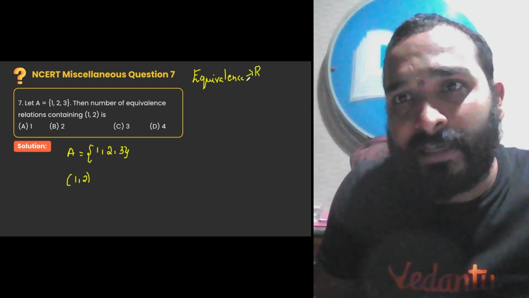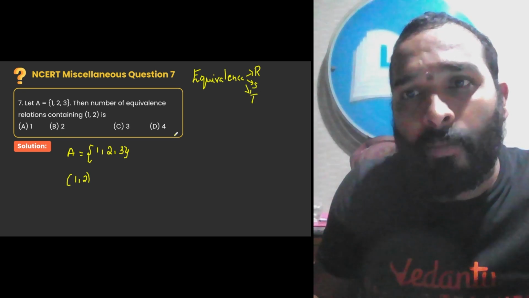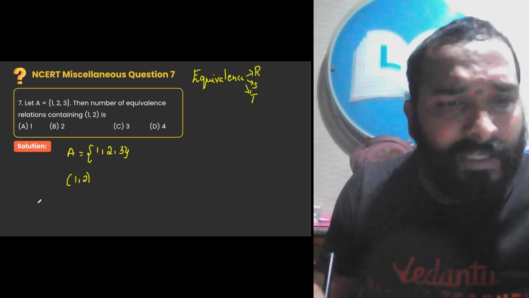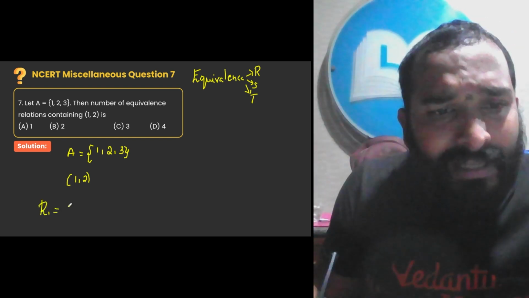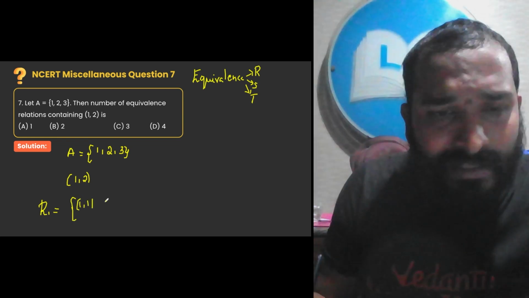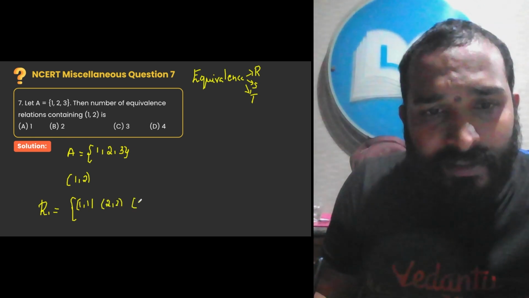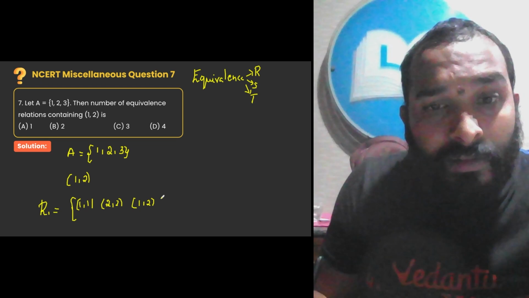Now, the least equivalence relation that can be formed using the element 1, 2 will have 1, 1 because it should be reflexive. So 2, 2 also should be there. Yes. 1, 2 also should be there. Yes. 2, 1 also should be there.